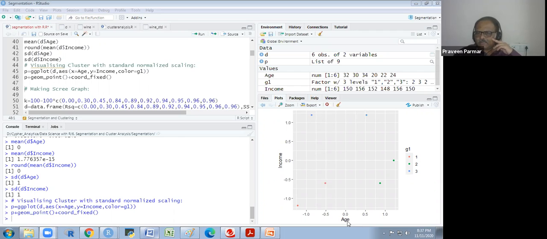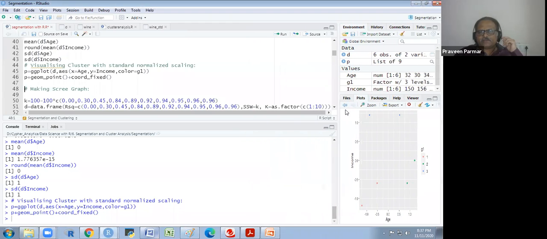You see the scale: 0, 0.5, 1, minus 0.5, minus 1. In this way you are getting the scale. Any doubt now? So whenever you perform clustering, please scale, normalize, standardize the scale.